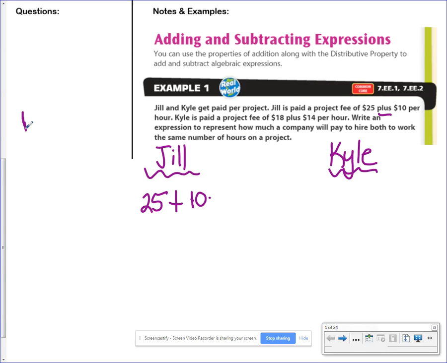That means this is a prime time to identify and define a variable. And since I like to be Captain Obvious, I'm going to use H for hours. I'm coming off to the side to that. So 10 times H is how much money she makes for the hours, plus she gets a $25 right-away fee.